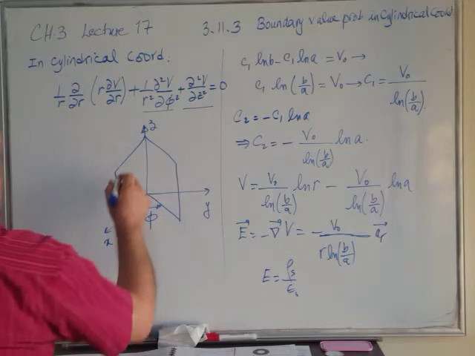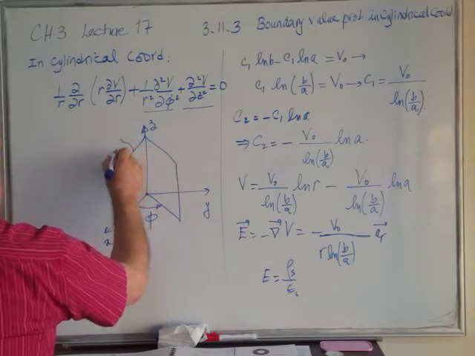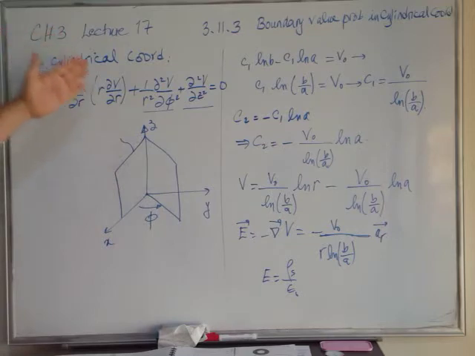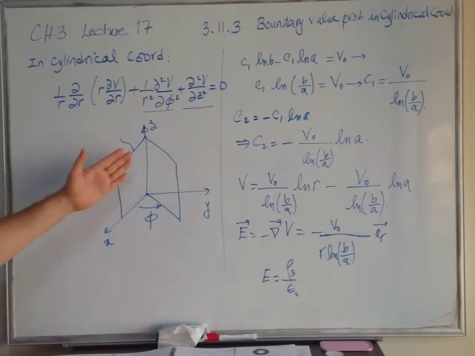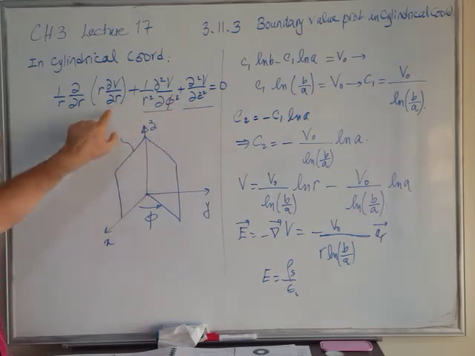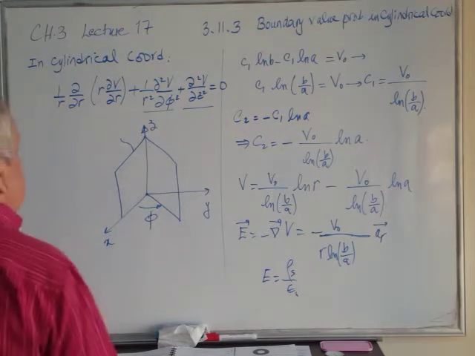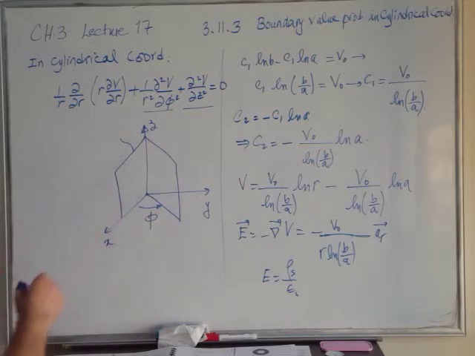You can hold this conductor. Now that conductor extends to infinity in the z direction and in the r direction. Since it extends to infinity in the z and in the r direction, therefore we have symmetry in these two directions, and things only will depend on phi.